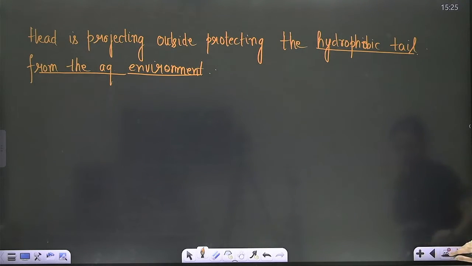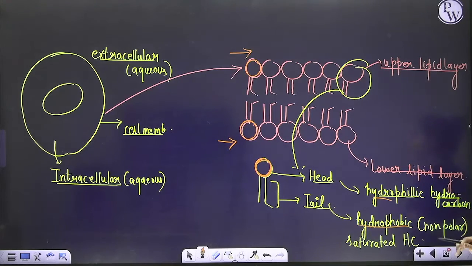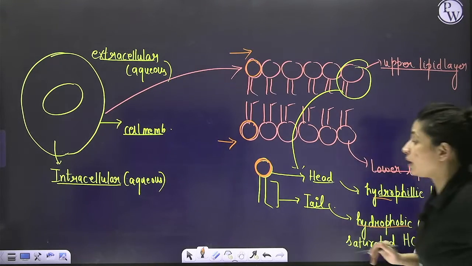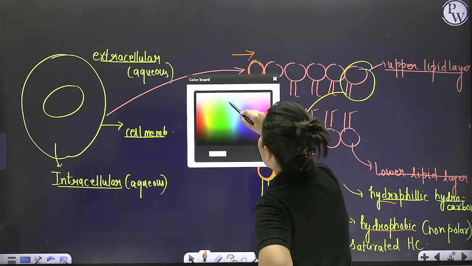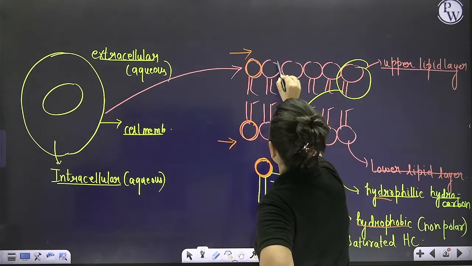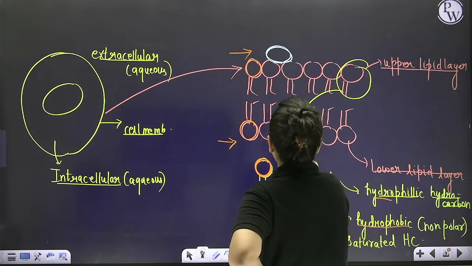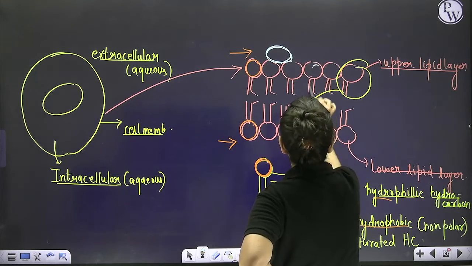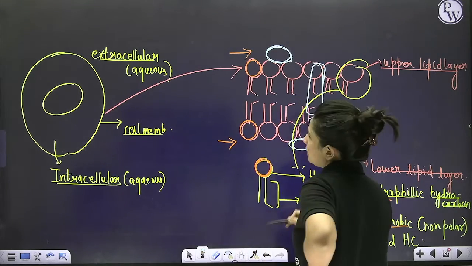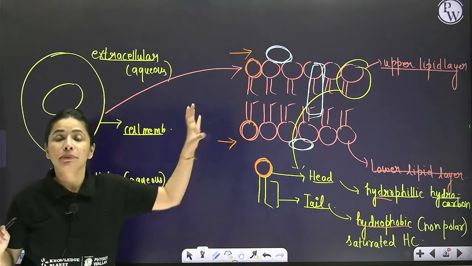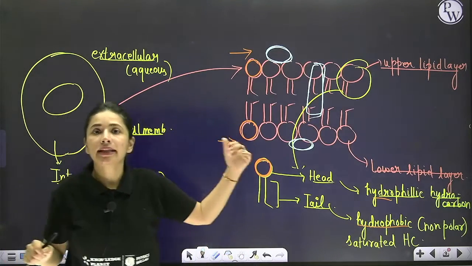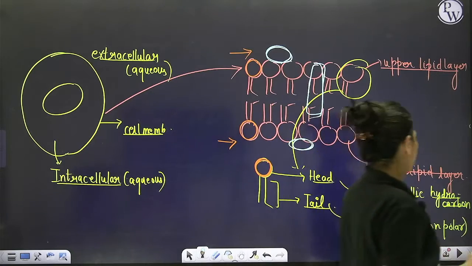Now, beta, on this phospholipid bilayer of the plasma membrane, proteins are also found attached to it. Proteins can be either external or internal. So, depending upon the location, proteins present on the membrane can be of two types.